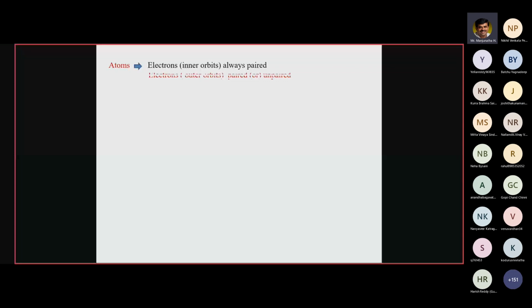This outermost electrons, paired or unpaired, play a very important role in the magnetic property acquired by the material.